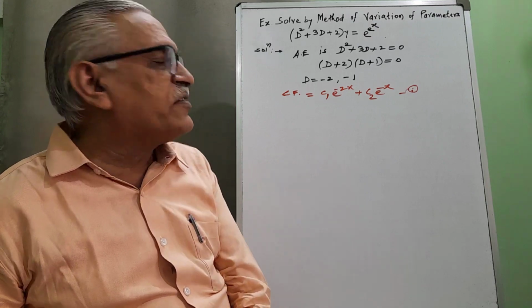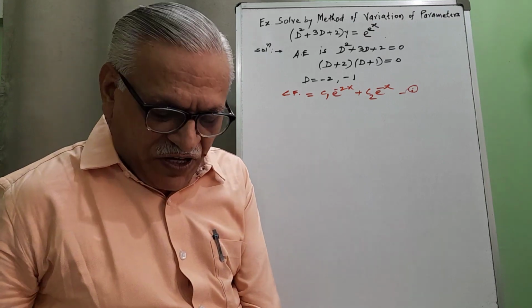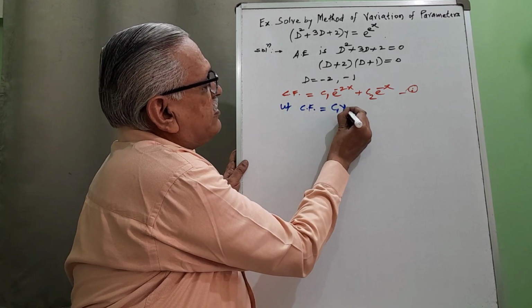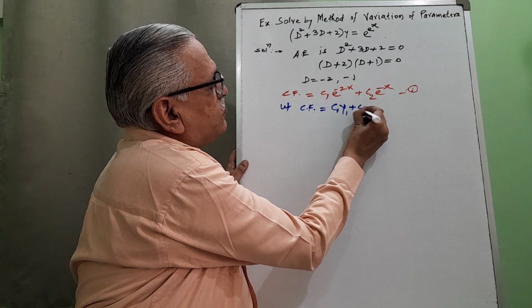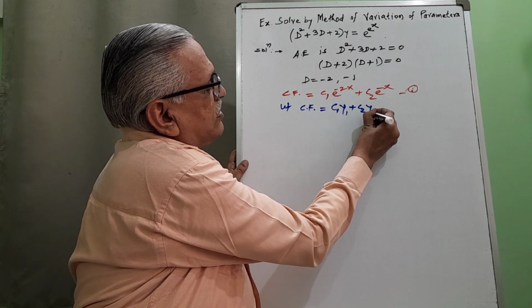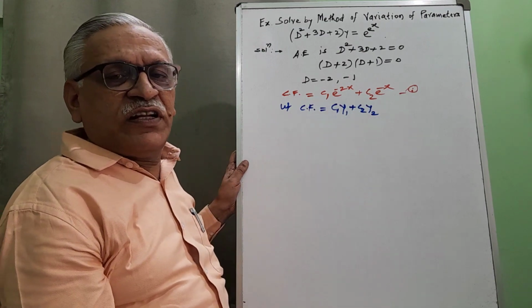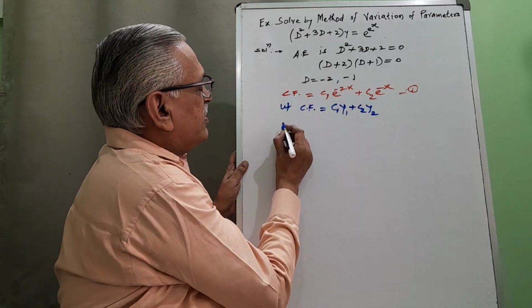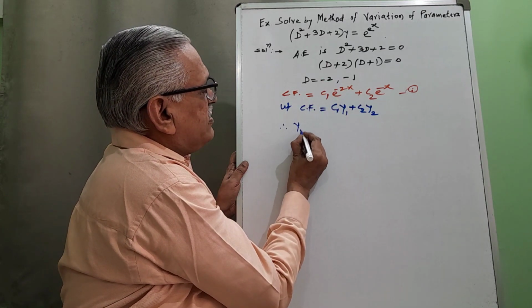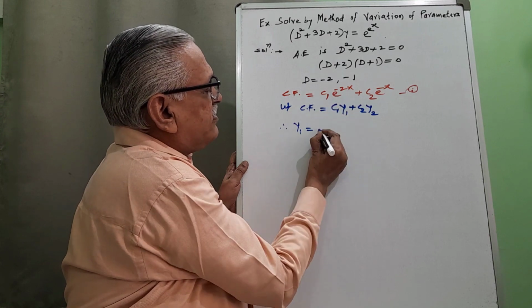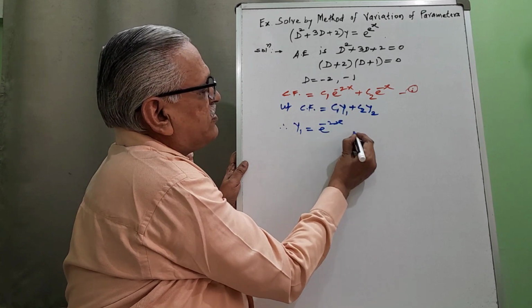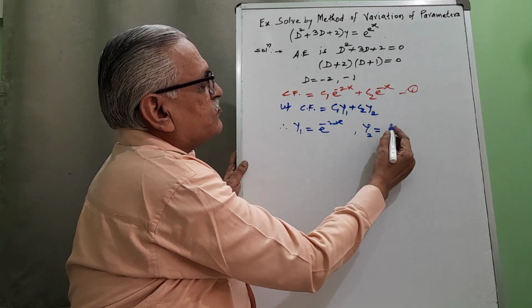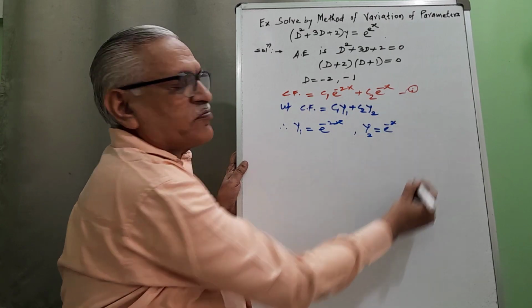Then comparing this CF with the assumed CF, which is C1 y1 plus C2 y2 for a second order linear differential equation, we get y1, the coefficient of C1, as e raised to minus 2x, and y2, the coefficient of C2, as e raised to minus x.